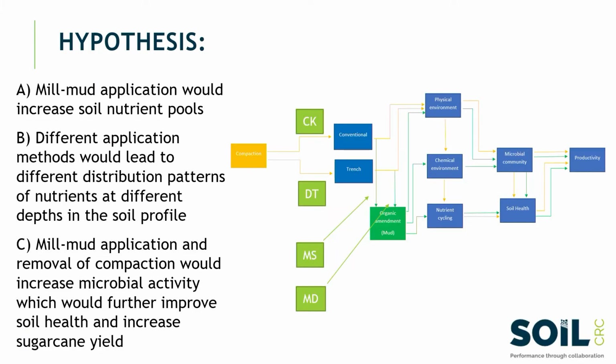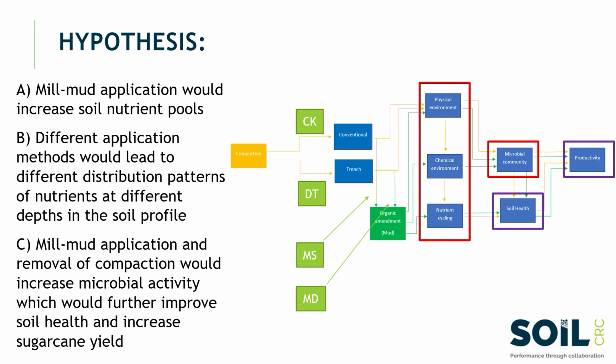Like I have mentioned, we have 4 treatments, and we are looking at how those treatments affect the physical, chemical, and biological properties of the soil and the related nutrient cycling. These soil properties will further affect the soil health and also the productivity.